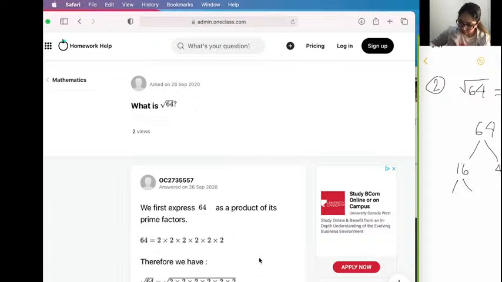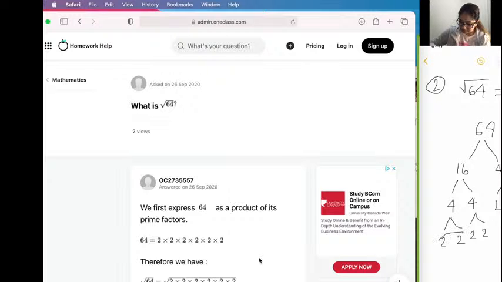and we can further break 16 down into 4 times 4, and we can break down 4 even more, into 2 times 2. We can break down each of these 4s and put 2, 2, 2, 2. Since we've broken down all the common multiples, we can't further break down 2.